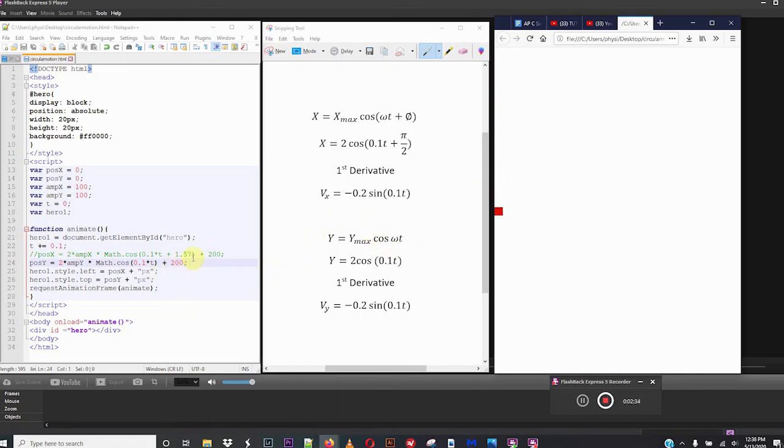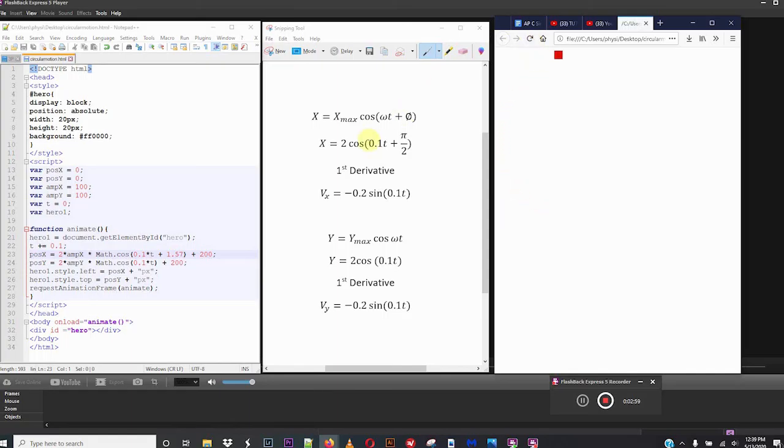It's offset, so it's pi over 2 different than the x component, because if we let both of these happen at the same time, then you can see that when we have x oscillation this way, that's simple harmonic, and y oscillation this way, that's simple harmonic, when we put those together, we end up getting a circle.